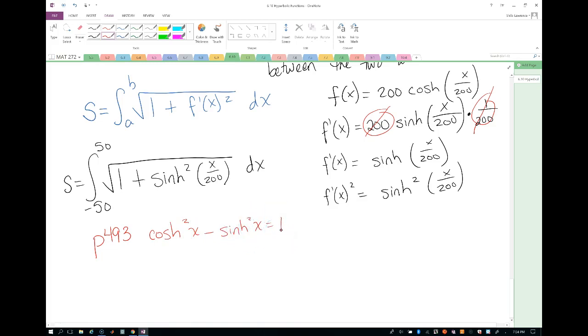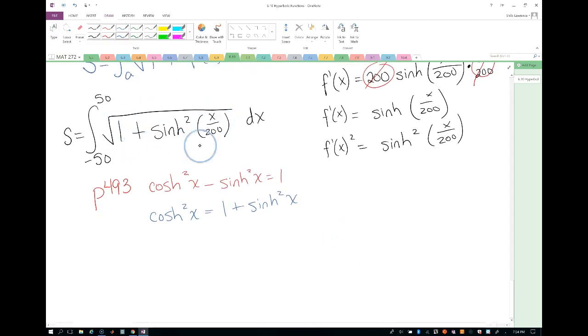And we can just rearrange the terms in that identity, and we will see that our entire radicand can be replaced with hyperbolic cosine squared. So I'm going to add that hyperbolic sine squared over, and we've got the exact same thing. The angle doesn't matter as long as we keep the same angle when we do the identity replacement.